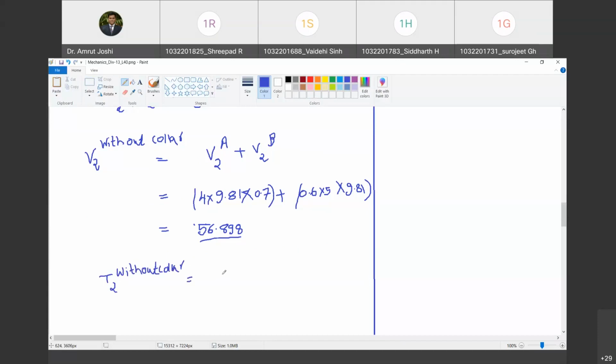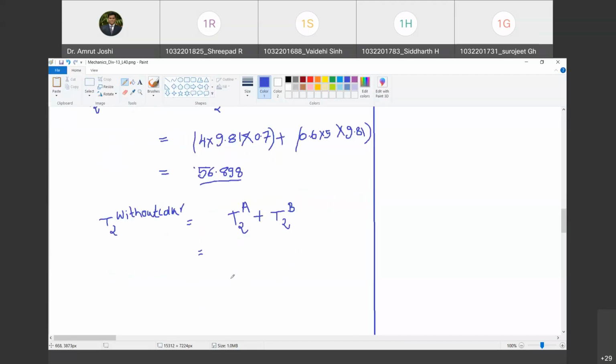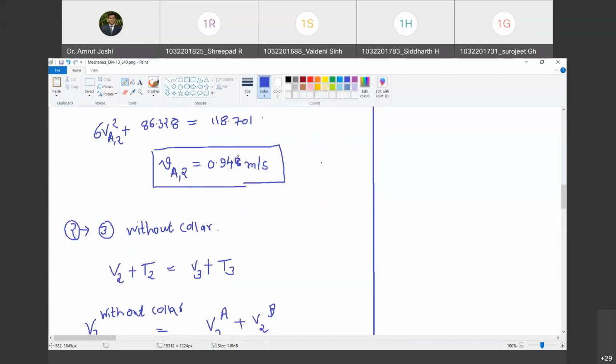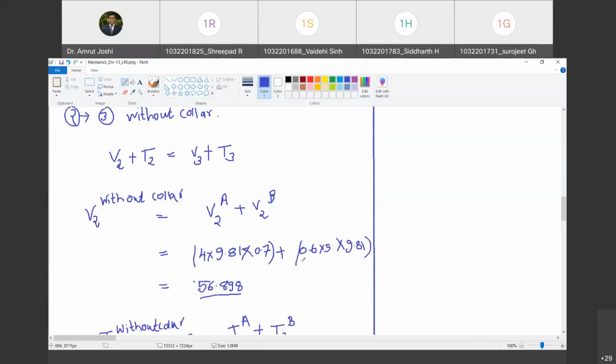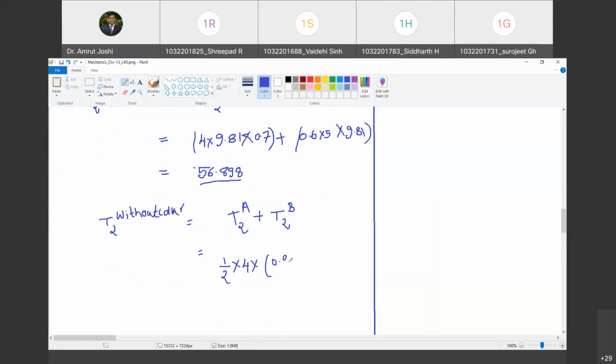So T2 without collar is the kinetic energy of block A at position number 2 plus that of block B at position number 2. So this is going to be equal to half mass of block A, that is 4 kg, multiplied by velocity of block A at position number 2, that is 0.948, bracket square, plus half into 5, mass of block B, into its velocity.